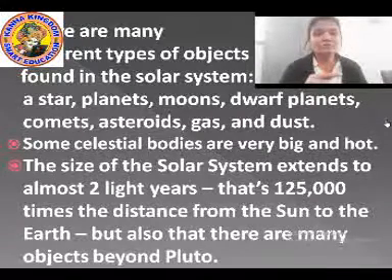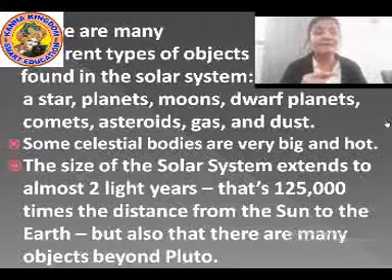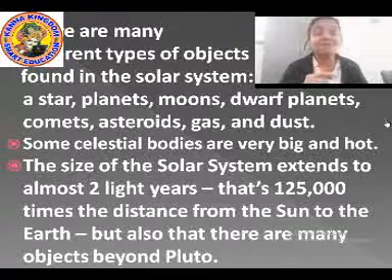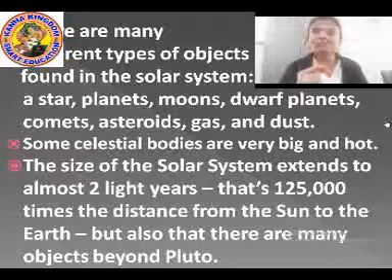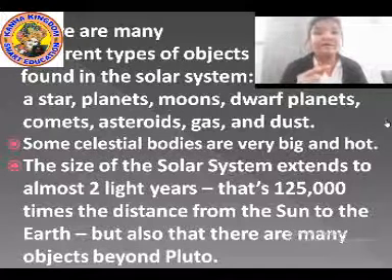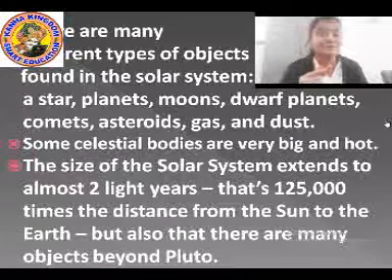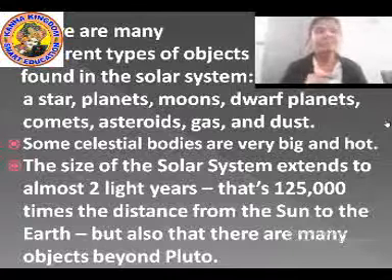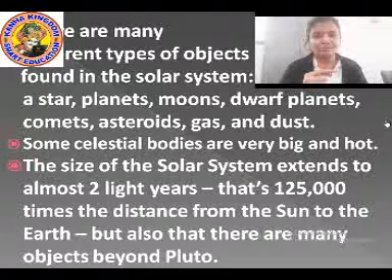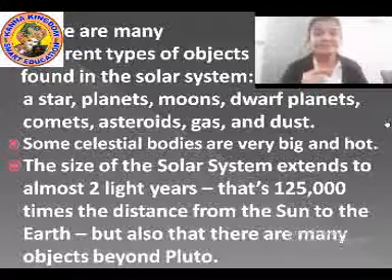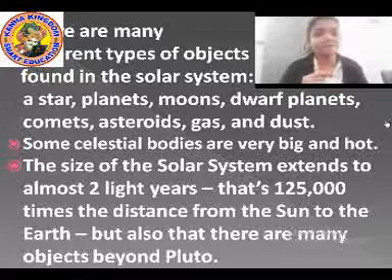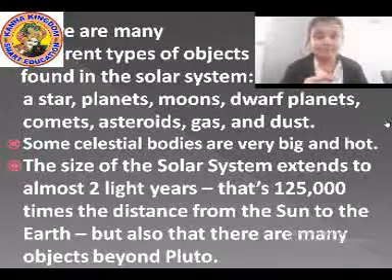But also there are many objects beyond Pluto. Pluto was the last planet in the solar system, but the solar system also extends, and you can see more objects beyond Pluto. The solar system does not end at Pluto. Okay?